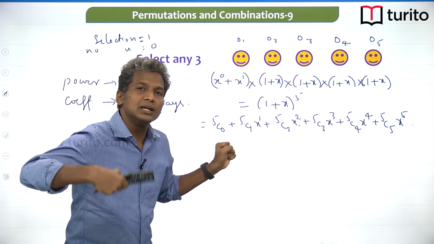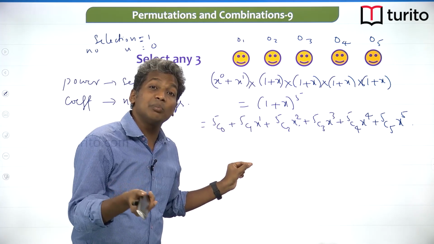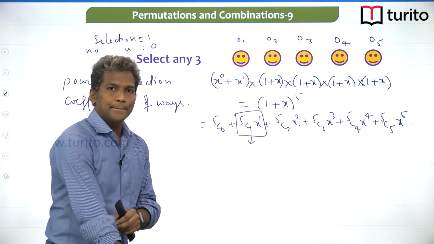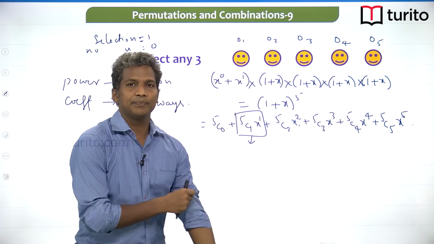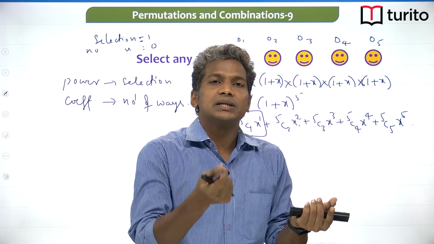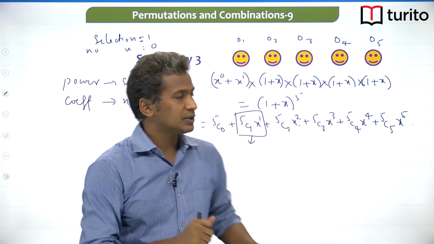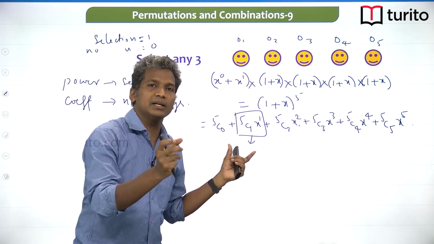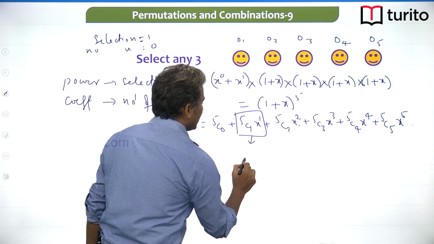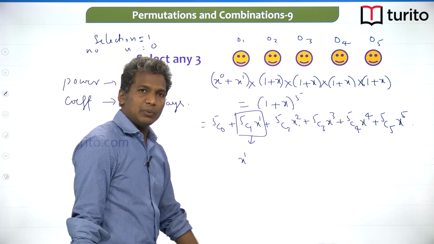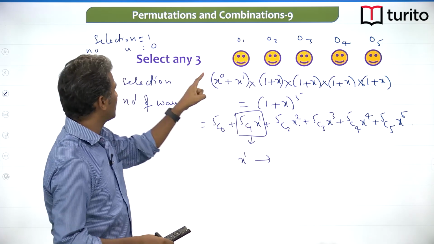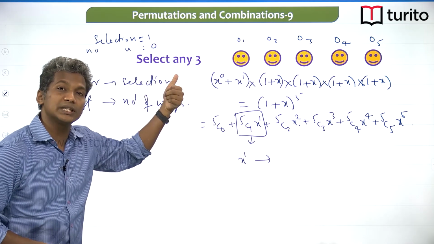Now if you want to dig deeper and understand this at a micro level, let me take this term and explain the process. x raised to 1 comes from multiplying the factors. Here there are 5 factors, and from each of the 5, some term will come and multiply. Let us say I take x raised to 1 and represent it like this, because it is coming from the 5 objects, and I have represented selection with 1 and no selection with 0.